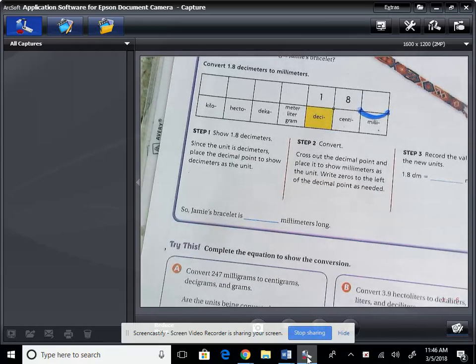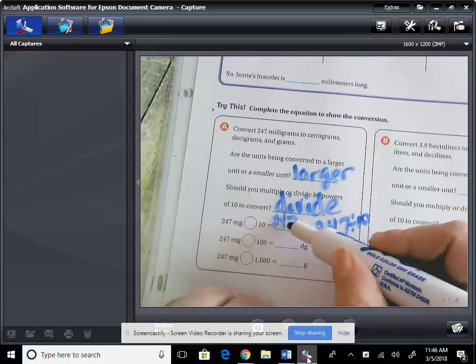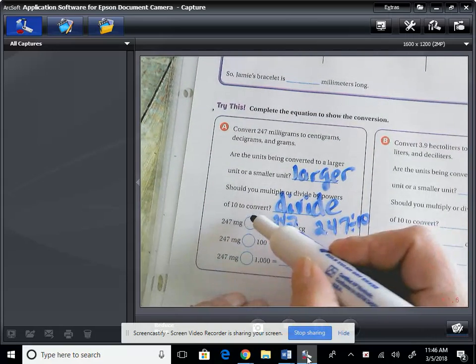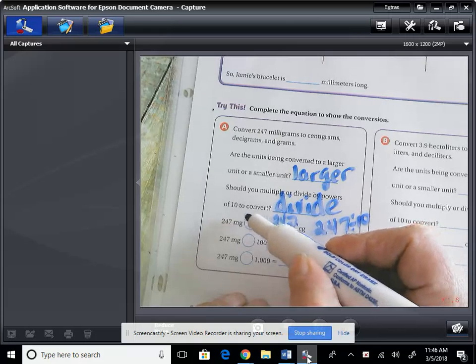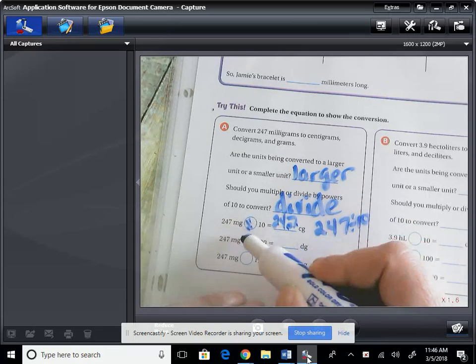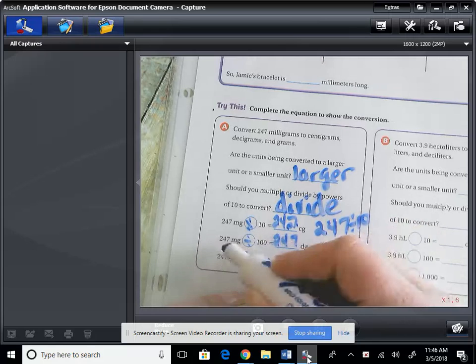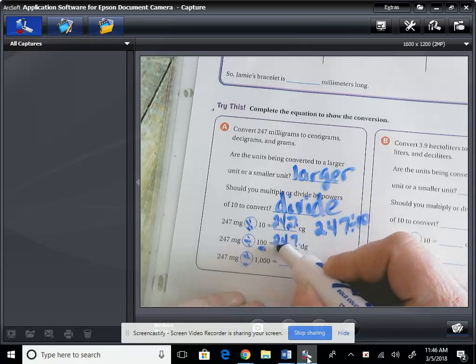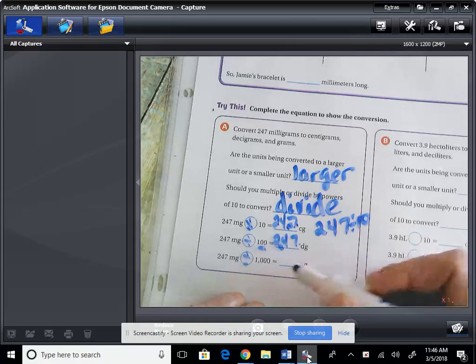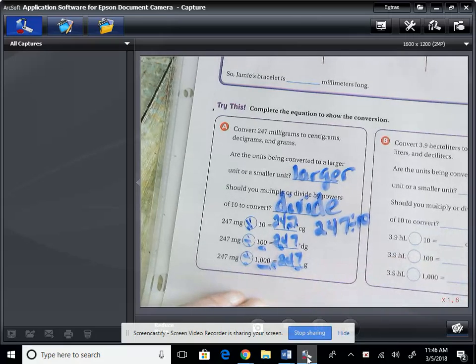So that means we move our decimal 1 spot. Now we're dividing, so I'm going to write that same number in here. And I know 100 has 2 places, so I'm moving my decimal 2 places. Here it's 247 again. And 1,000 has 3 places. So I move it 3 places. It's 247 thousandths.